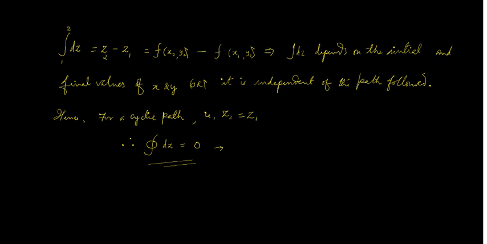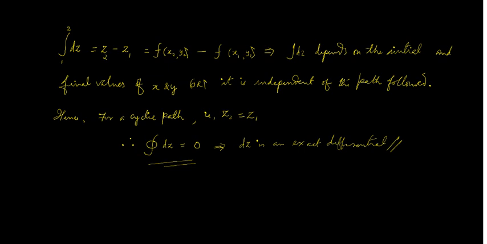So this particular equation also can be regarded as the test for verifying whether a given differential is exact or not. If you are able to get such a result for a cyclic path, I can say dz is an exact or perfect differential. So this is the way in which you can conclude.